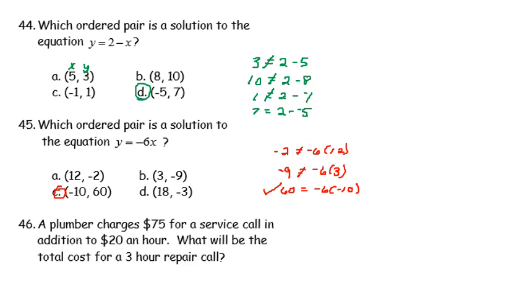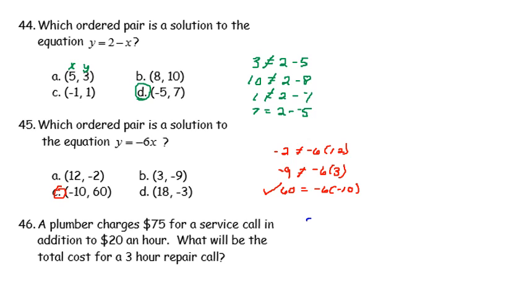Number 46. A plumber charges $75 for a service call in addition to $20 an hour. What will be the total cost for a 3-hour repair call? Well, first of all, I'm going to start writing an equation for this. Not that you need to, but if this was a question where they said to write an equation, I want you to understand how to do that. So we know that it's $20 an hour, or per hour.